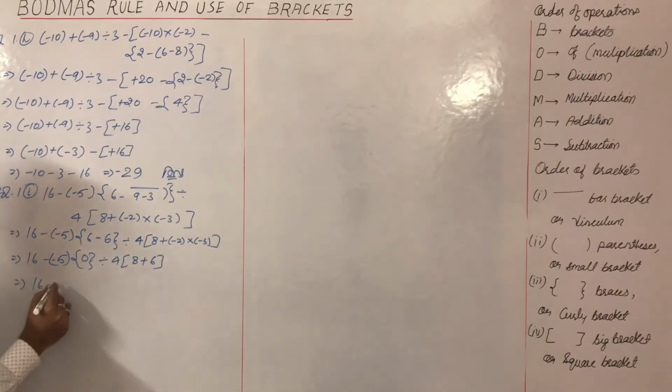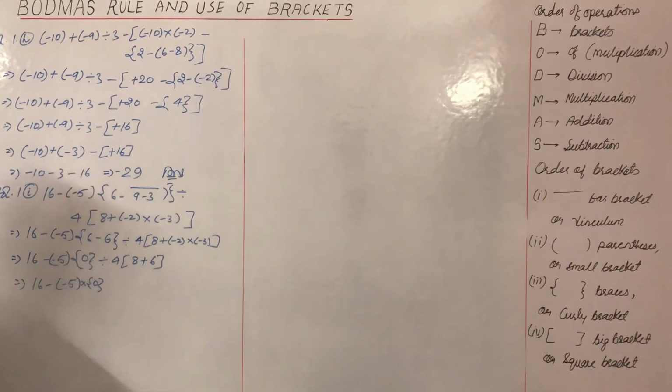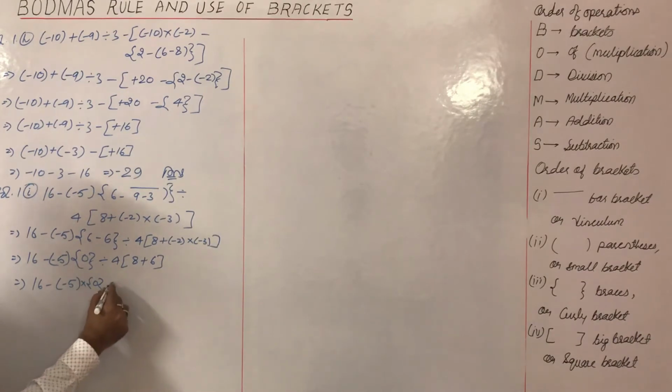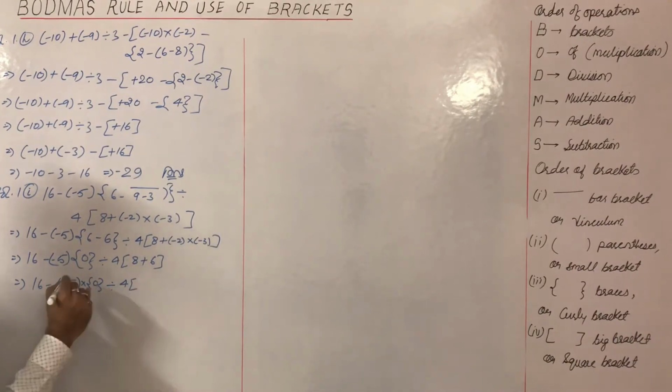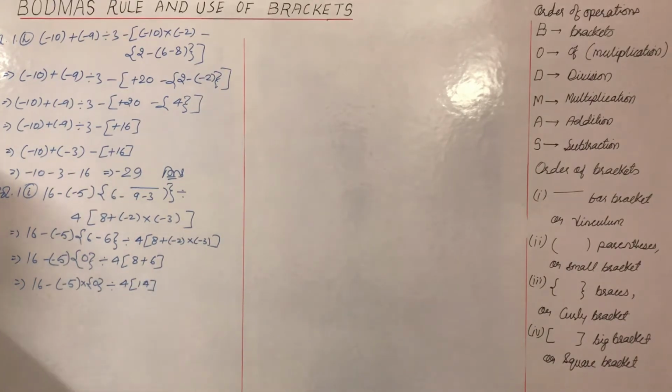Again 16 minus 5 multiplied by 0, and division means this divided by 4, and 8 plus 6, 14.